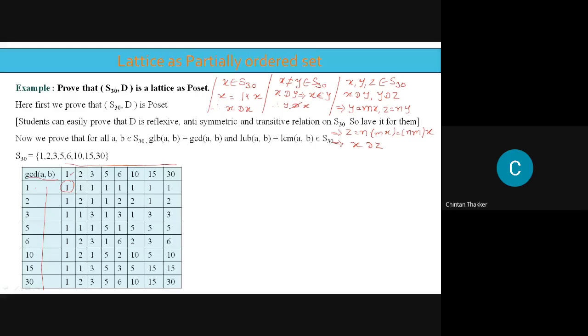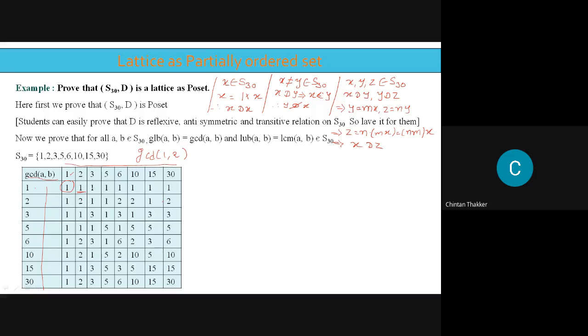Then the greatest common divisor of 1 comma 2: here a is 1 and b is 2, so the GCD of 1 comma 2 is 1.